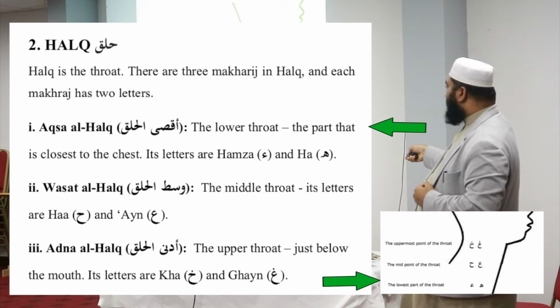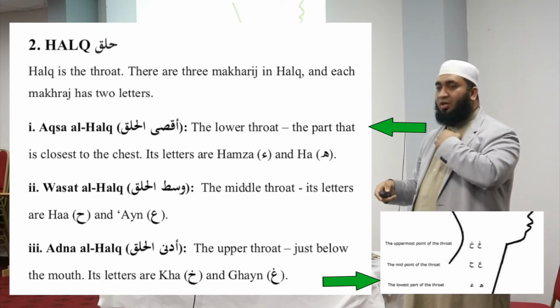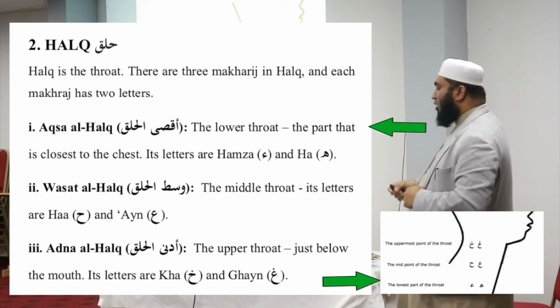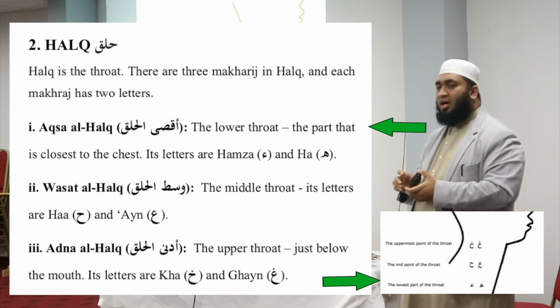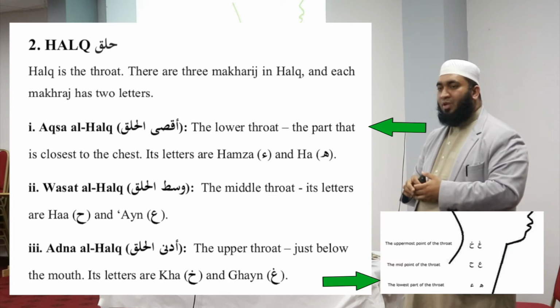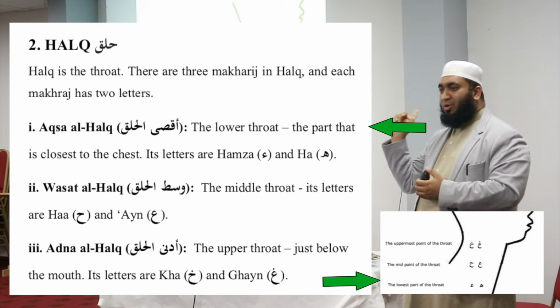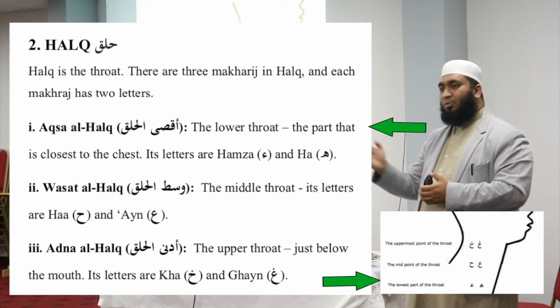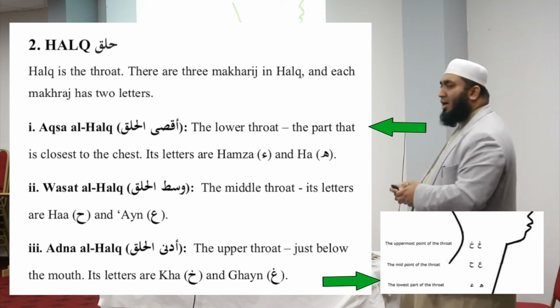This is the last part of the throat, which is connected with our chest. Two letters come out from this place: Hamza and Ha. So how do you find it? You remember the method we mentioned before: give it sukoon, put Alif with fatha before it.